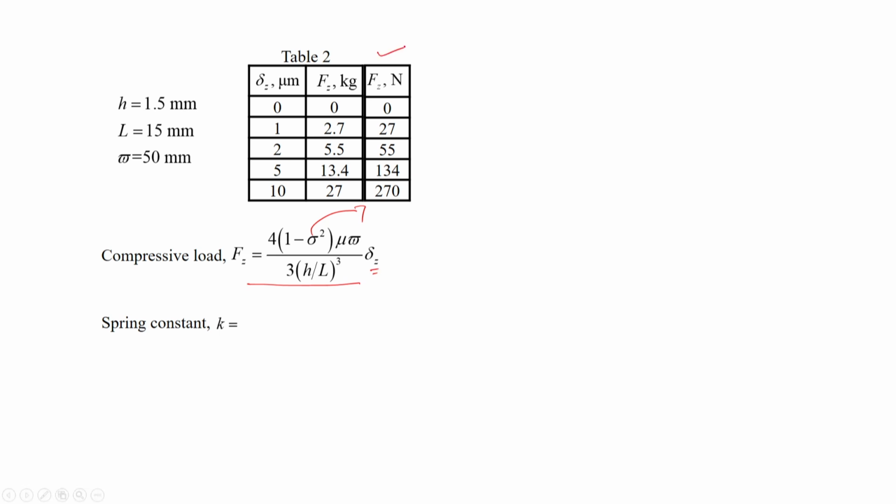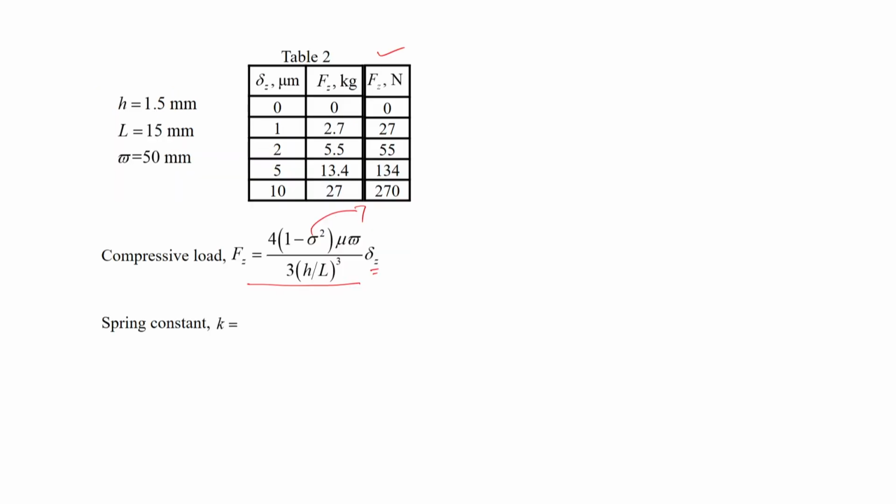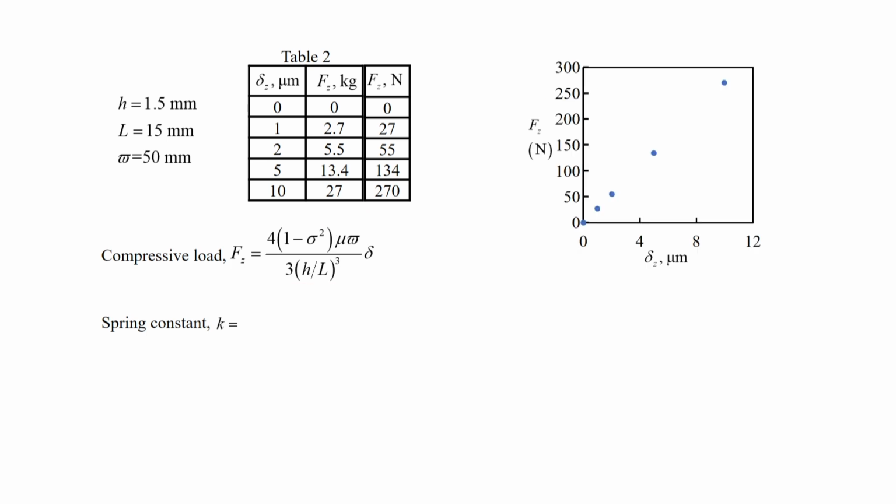Data is given in kilograms, so we have to multiply it by the acceleration due to gravity to make it Newton. That is what we have done here, and now we can plot F_z as a function of delta z.